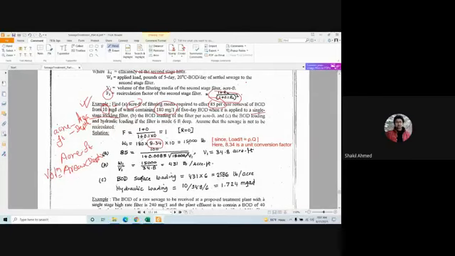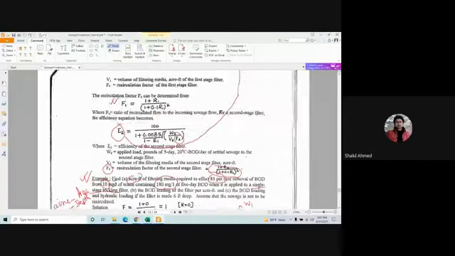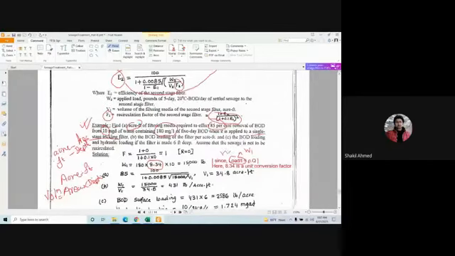That means, if you put load per unit time, this is basically W1. This W1 is actually load per unit time. So W1 equals load per unit time equals rho times Q times 8.34, where 8.34 is the conversion factor.